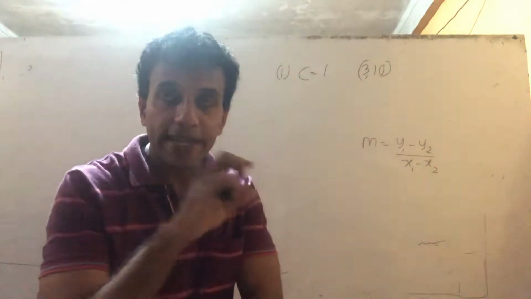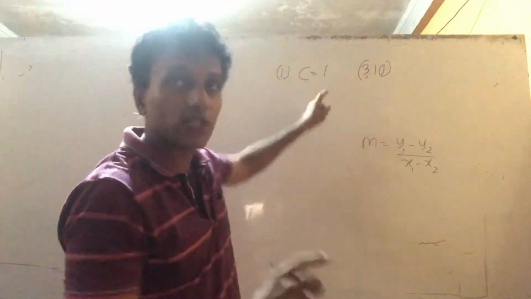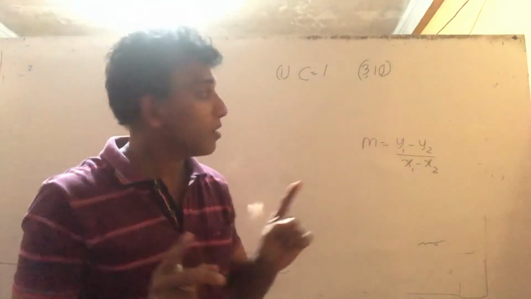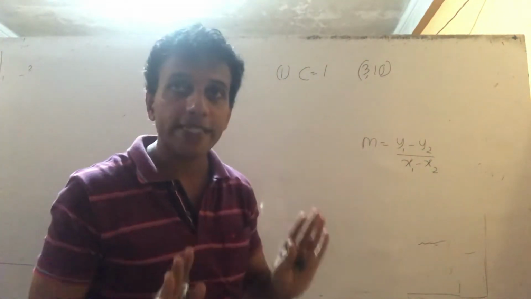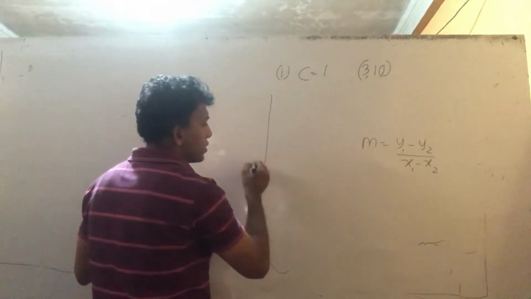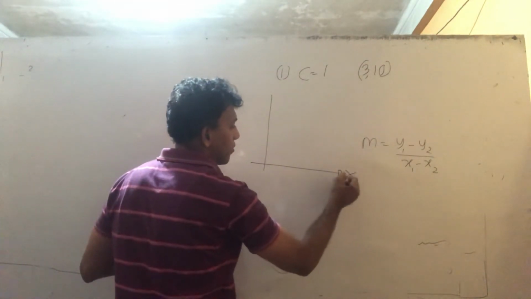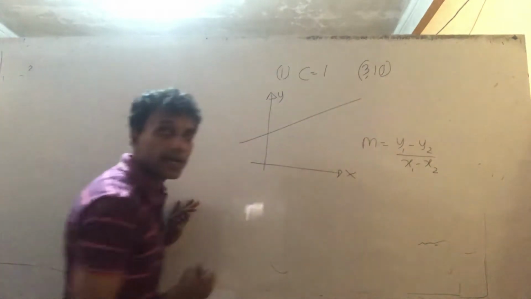So there's a straight line which cuts the y-axis at 1. Let's call it C, an intercept. It cuts the y-axis at 1 and also passes through 3, 10. If I draw a rough diagram, something like this, right?